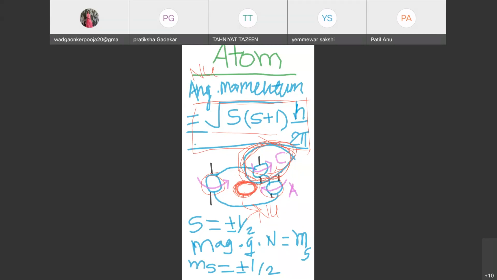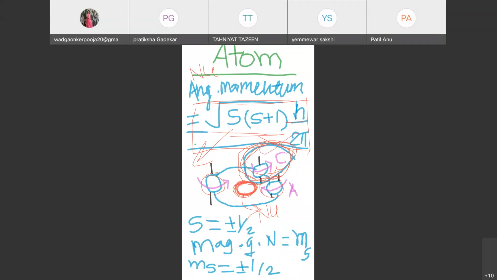I am a little bit fast because we discussed all these things already in part 1. Now in part 2, today's class, we have under root of s into s plus 1, h by 2 pi. Whatever this s value is, s is nothing but the spin quantum number, here the spin quantum number for an electron.